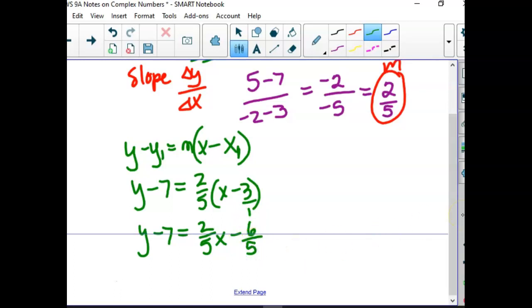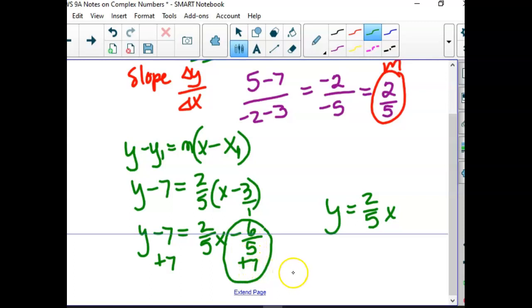Now, it depended what form I wanted you to do, okay? If it said slope intercept, you would solve for the y. And you'd get y equals 2/5 x. Anybody have a calculator out? -6 divided by 5 plus 7, math, enter, enter, 29/5 maybe?